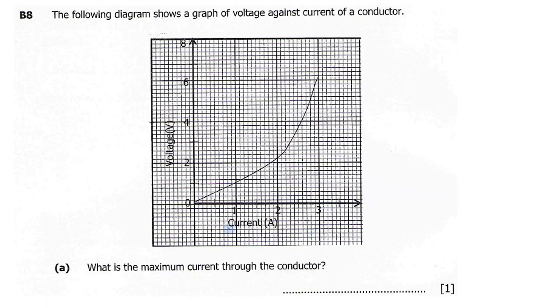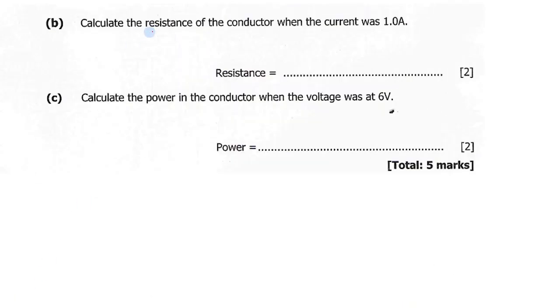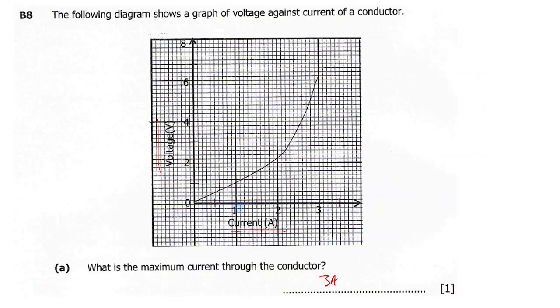So the maximum, this side current, this side voltage. The maximum current is somewhere here. So the maximum current should be 3 amps, where this ends, because it is going and then it stops there. Then they're saying calculate the resistance of the conductor when the current was 1. When the current is 1, you come here to see what the voltage is.